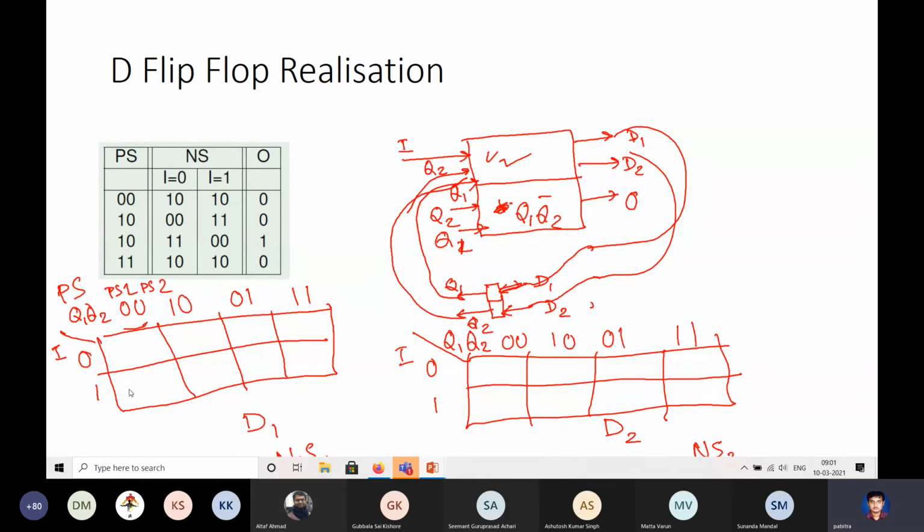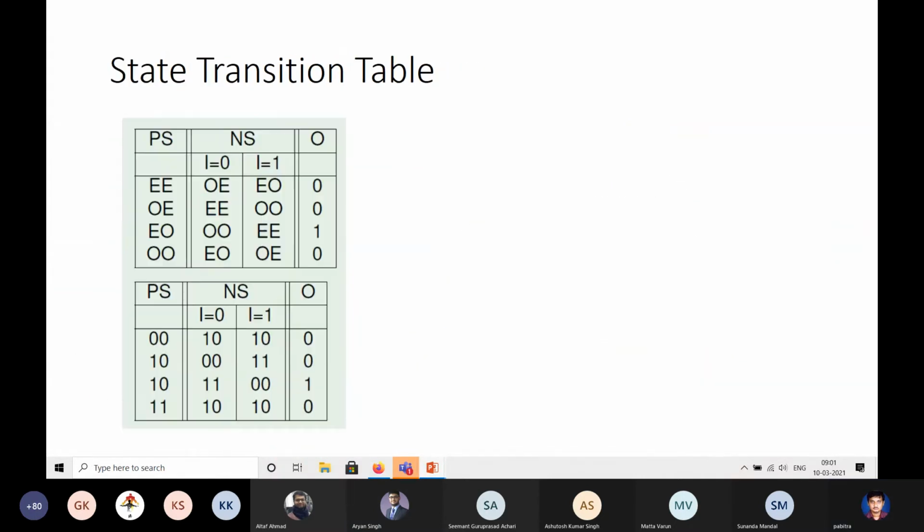What will be the on entries for this? Sir, the second and third row PS are the same, students say. Second and third row of D1. Oh, the second and third row PS are the same. Sorry, I made a mistake. Yeah, second and third row are the same. So let's correct it.